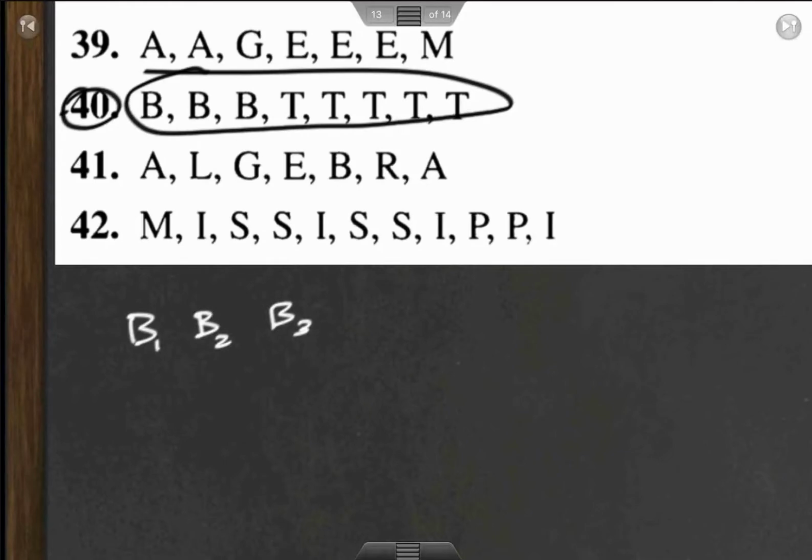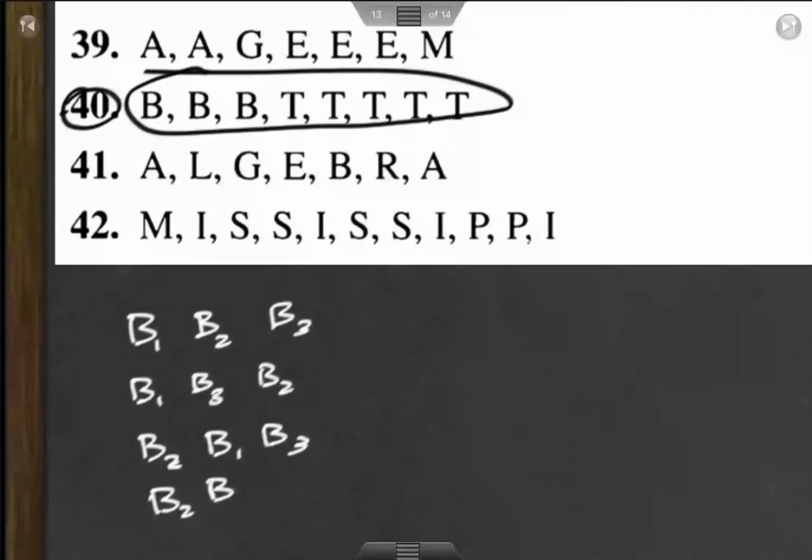So this is one way to list them out, or I can have the 3 be second, and then the 2 is last. Or I can have the B sub 2 be first, and then the B sub 1, and then the B sub 3. B sub 2 can be first again, but the B sub 3 would be second, and the B sub 1 would be last. We have two more that we can write out.